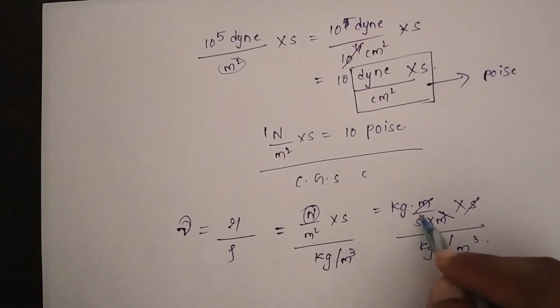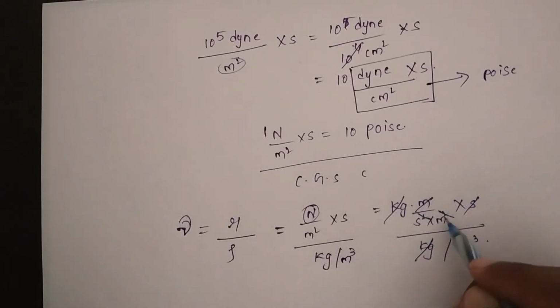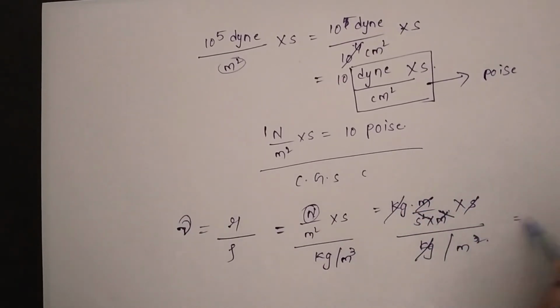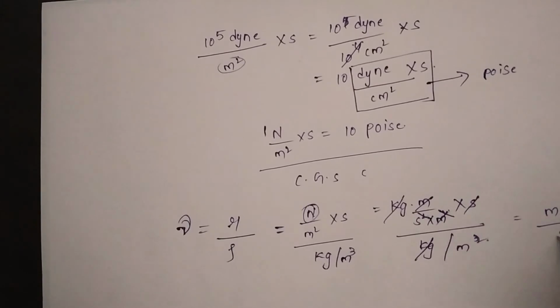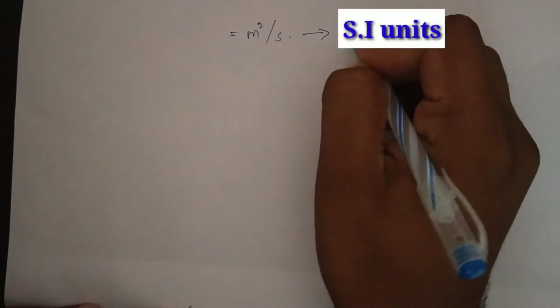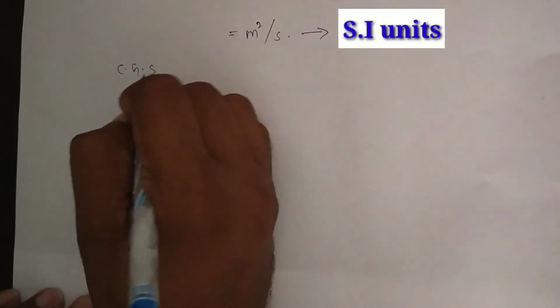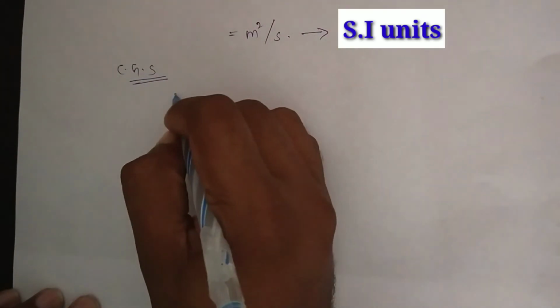If we cancel, we will get meter square per second. Units of kinematic viscosity is meter square per second, which is in MKS. Now we will convert this into CGS system.